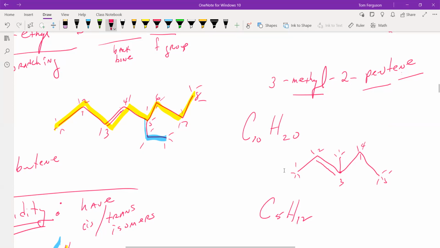And I'll get you some more worksheets on doing line drawings. Okay, so any questions about the front end on this chapter 13?